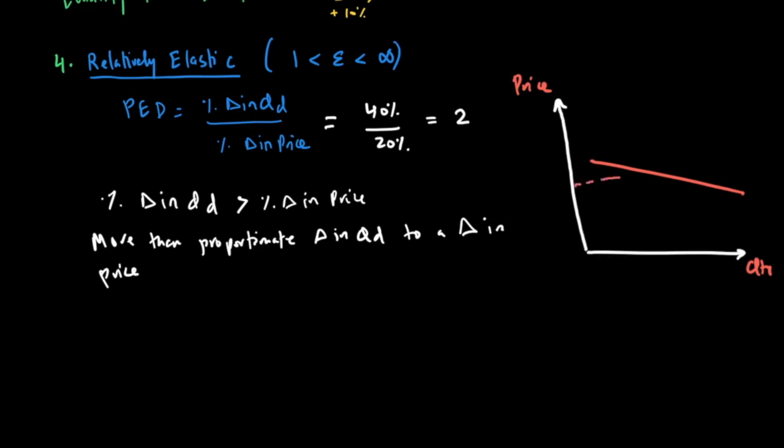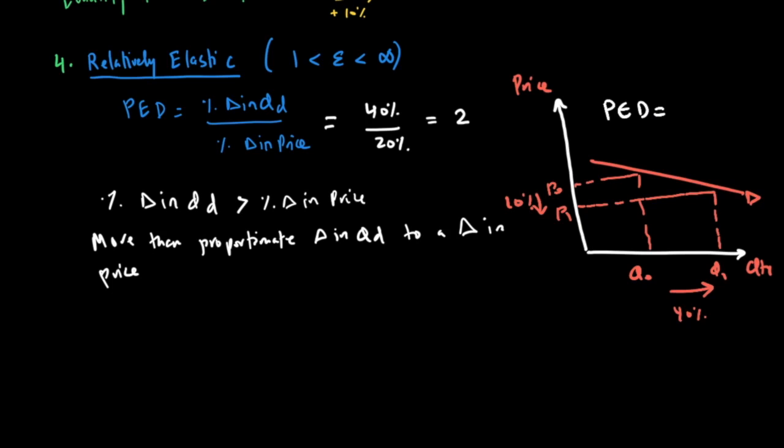So if the price of a good goes down by, say, a little percentage, the quantity demanded will go up by much more. For example, let's say the price goes down by 10%, and quantity demanded may go up by 40%, and my demand curve might look like this, where my PED will be 40% over 10%, or 4.